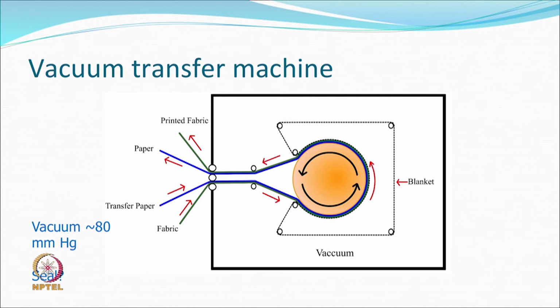Sometimes not this machine, but a flatbed machine could also be used for carpet printing, where you may have to use vacuum to ensure that the dye vapors go in the direction in which they are expected to go. So, two things these machines are obviously doing are reducing the air gap and maintaining temperatures.